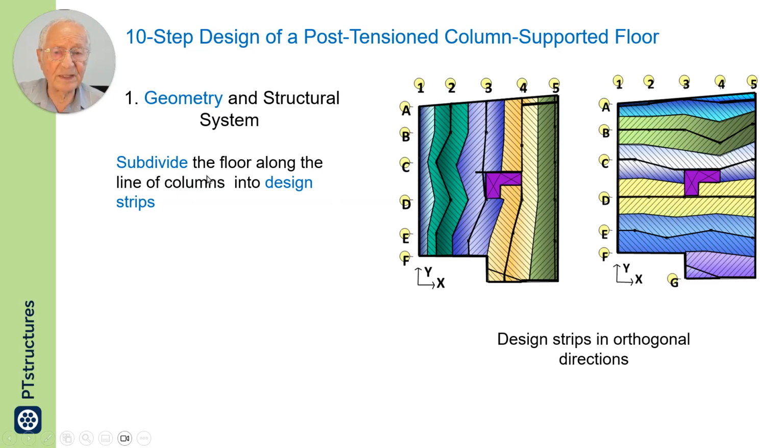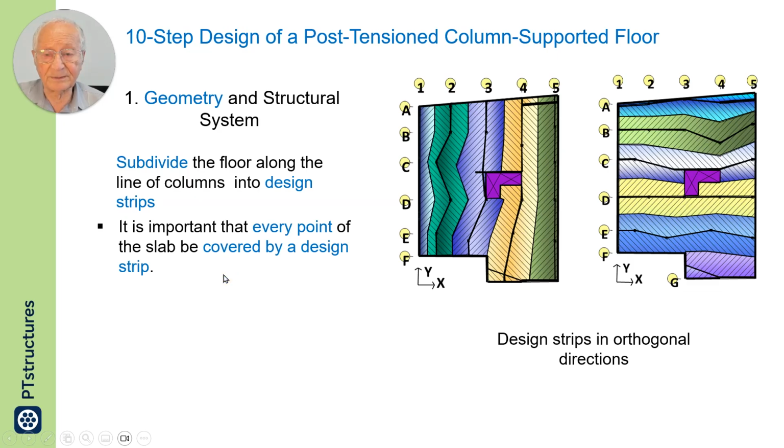Step number one, you subdivide the floor along the line of columns into design strips. These are the lines of columns, and we select support lines along the line of columns in two directions, and we associate slab tributary to each support line.